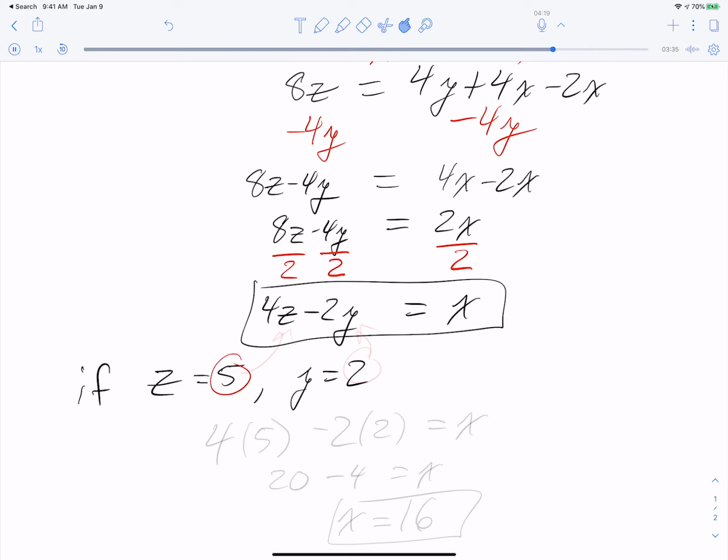I would plug in the 5 here and the 2 there. So I'll go ahead and rewrite it. That's going to give me 4 times 5 minus 2 times 2 is equal to x. So I get 20 minus 4 is equal to x. So I get x equals 16.